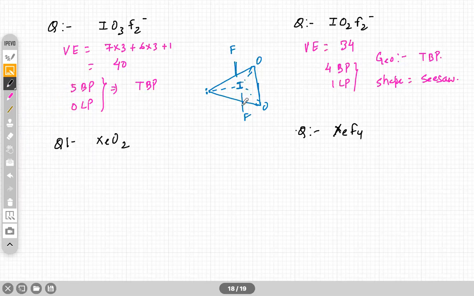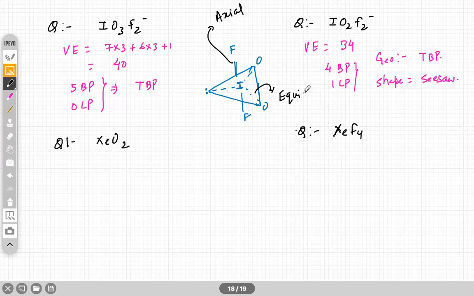These 2 bonds, IF2 bonds we have, these are axial bonds. And these 3 bonds, 1, 2, and 3, these are equatorial bonds. We have 2 different bond lengths also. Suppose the axial bond has bond length L1, equatorial has L2. So the bond length of axial bond L1 is greater than L2. Okay, this you must take care of.